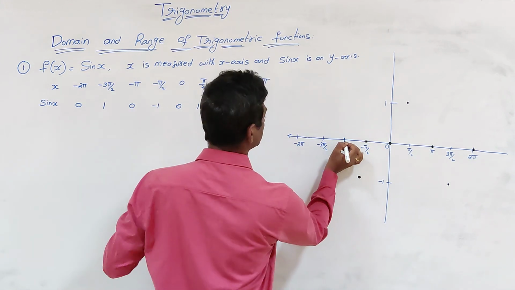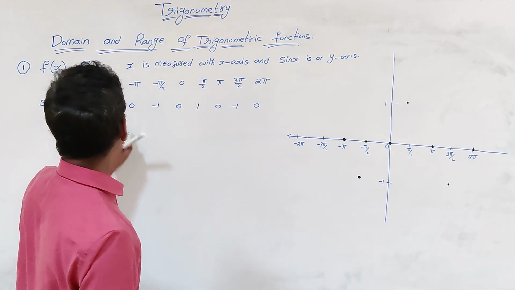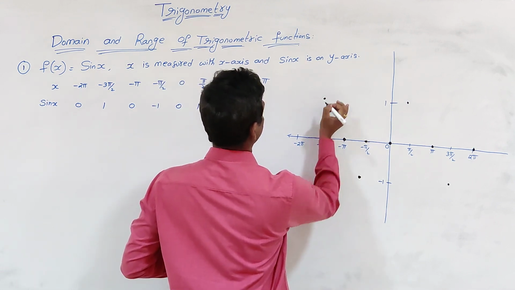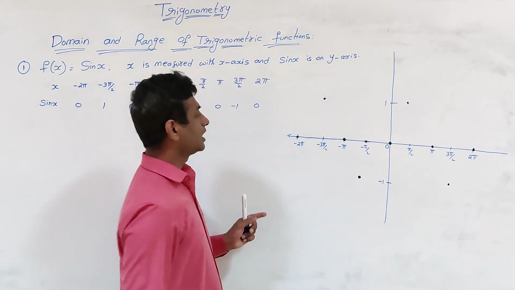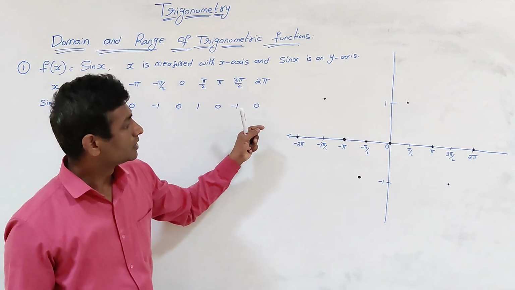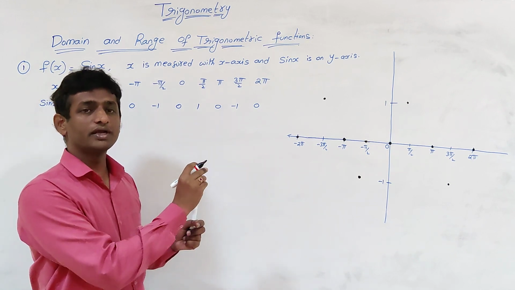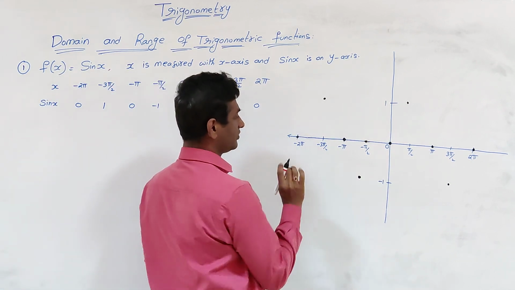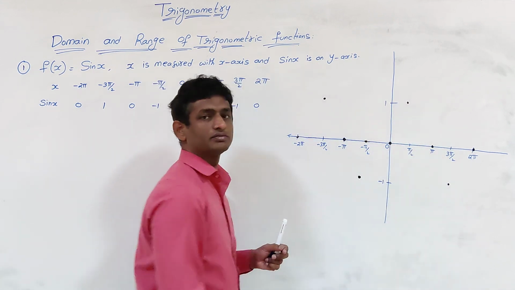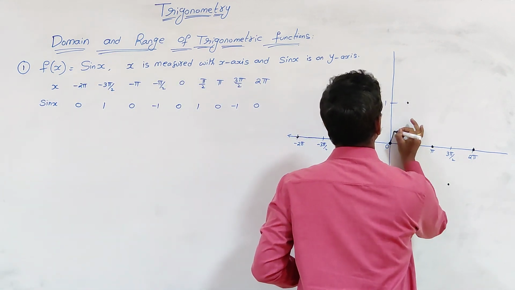Sin of minus pi is 0. Sin of minus 3 pi by 2 is plus 1. And sin of minus 2 pi is 0. Now if we plot the graph freehand by touching all the points of these values, let's see what happens.